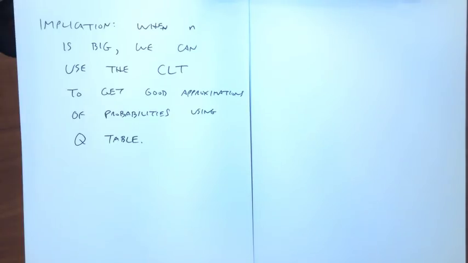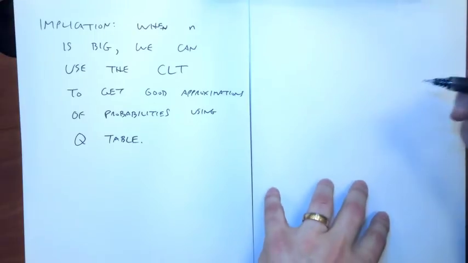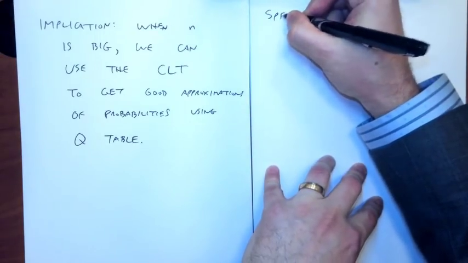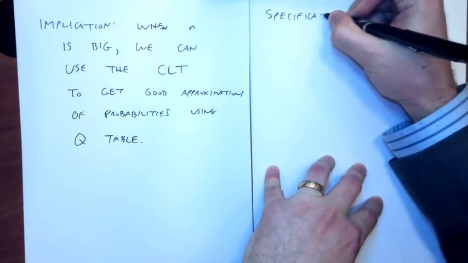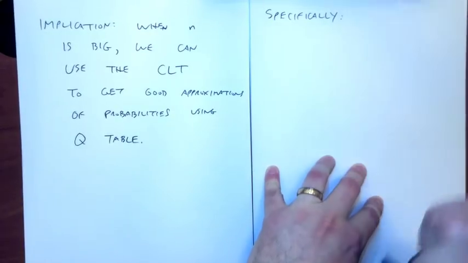So let me write down a bunch of equivalent events, kind of, right? Specifically, you may find yourself wanting to use one of these forms of the central limit theorem.